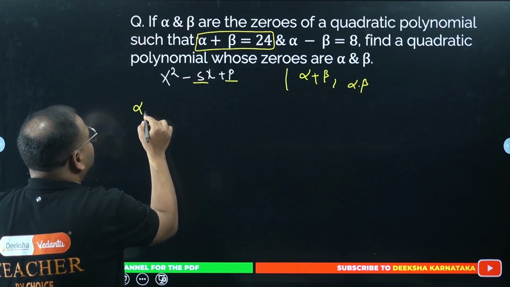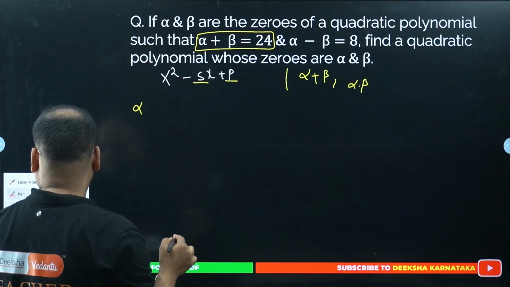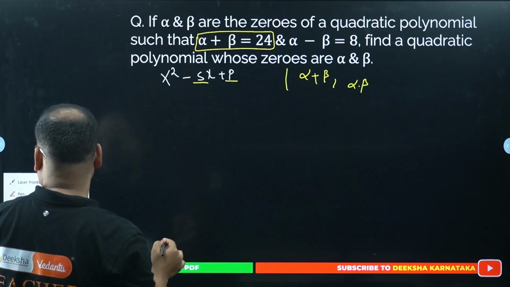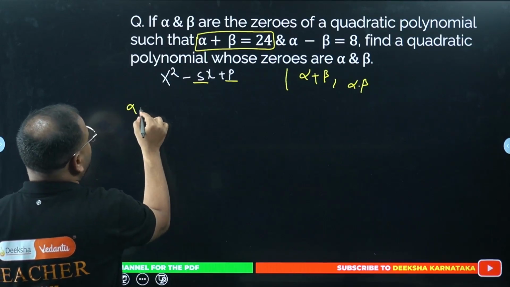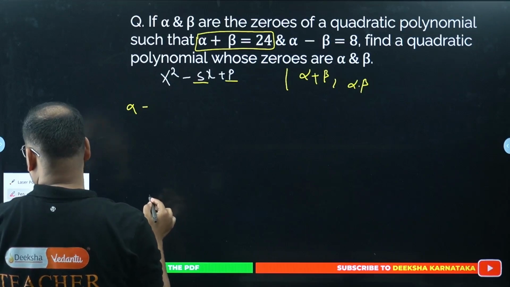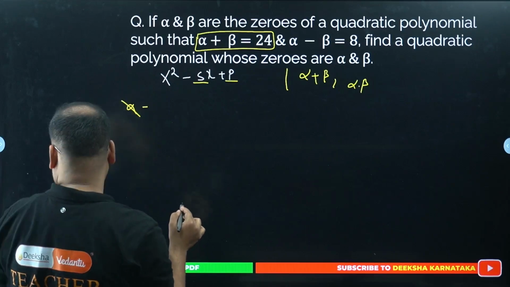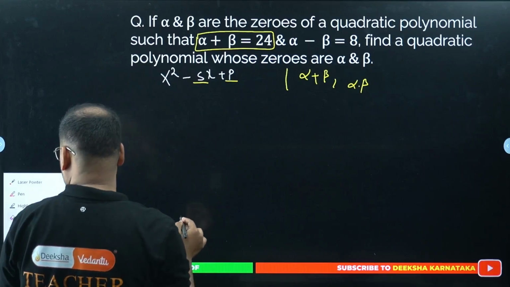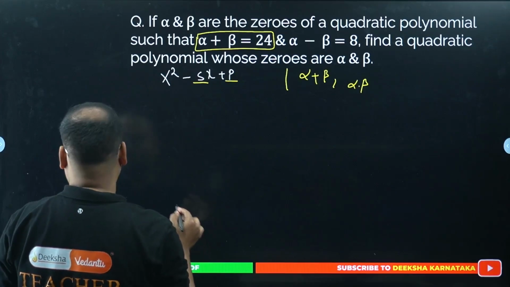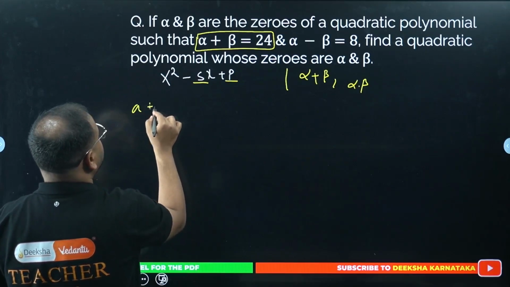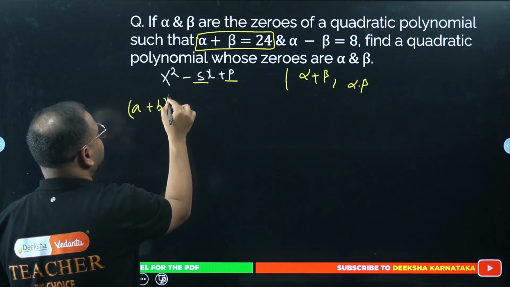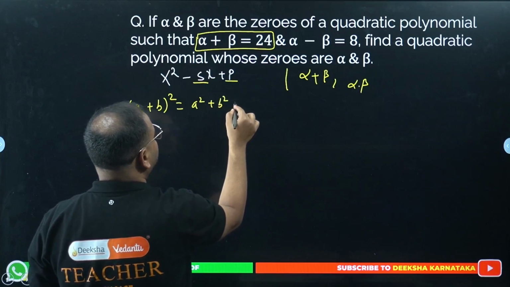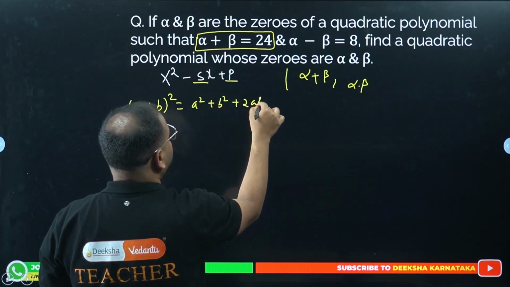Remember this formula? First I will write in terms of the values that you remember. You remember a and b, I guess. So let's write in terms of a. (a plus b) whole square is a square plus b square plus 2ab.